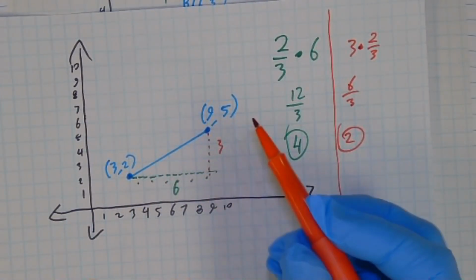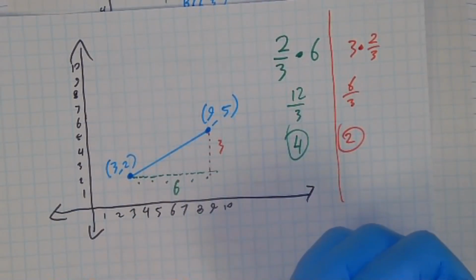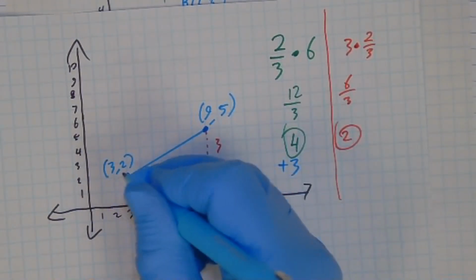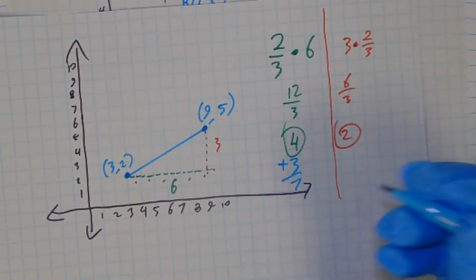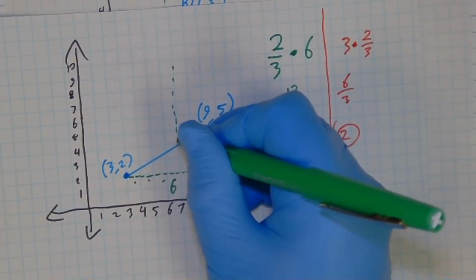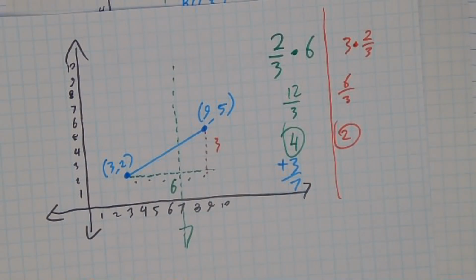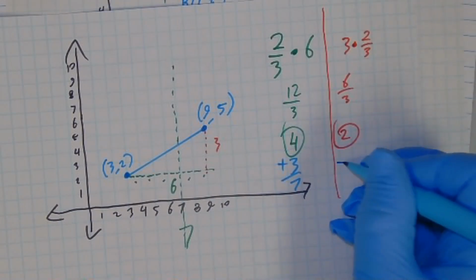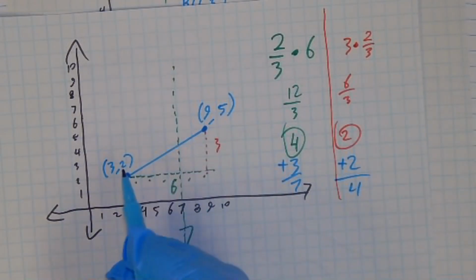So my numbers ended up the same, but clearly 2/3 of the way along, this is in a different point. So now what I have to do is I have to take these answers and add them to my starting point. So I do 4 plus 3 because this x coordinate was 3, and I get 7. And here at 7 is going to be my x coordinate. And I take 2 and I add 2 because that was my y coordinate. And I get 4.